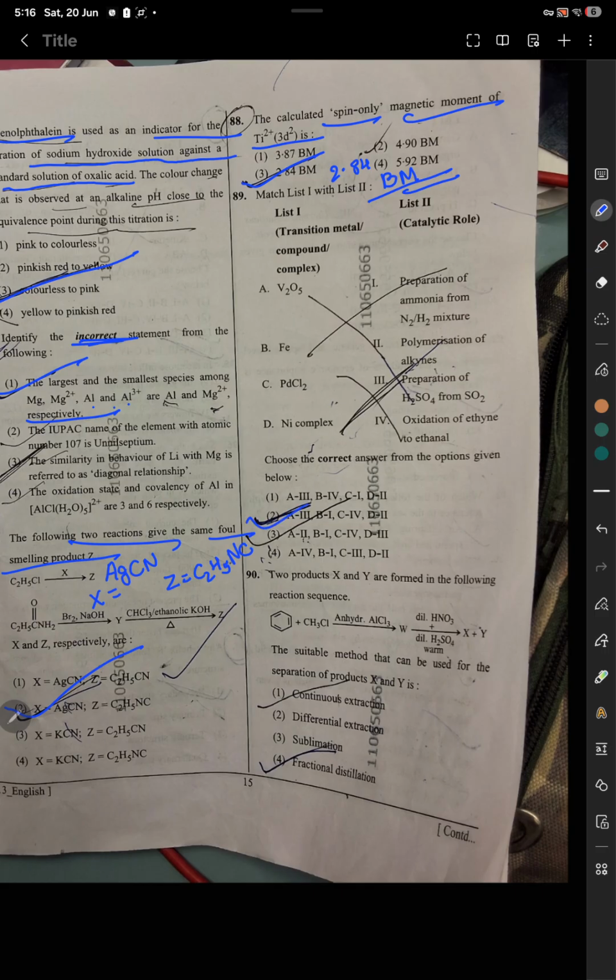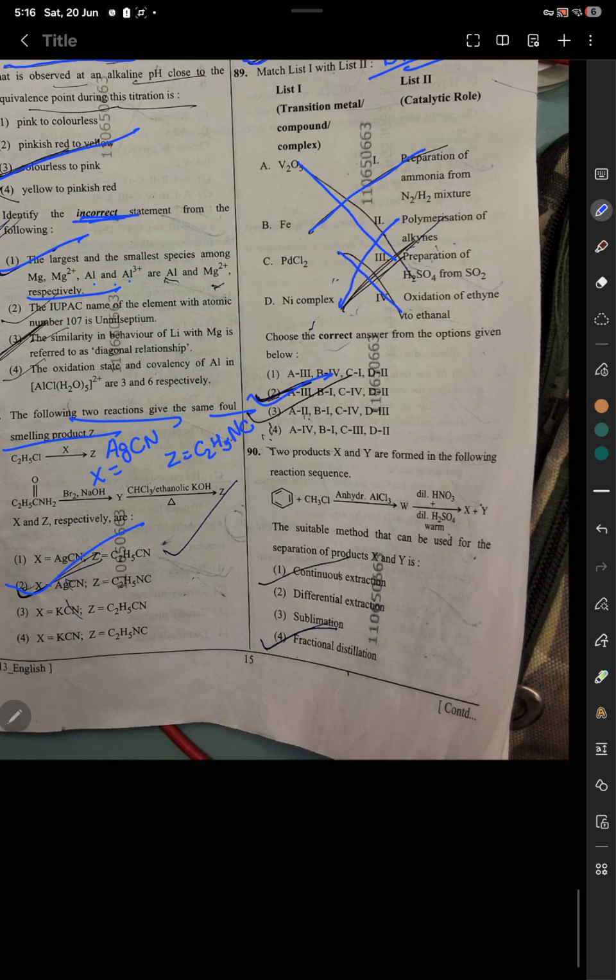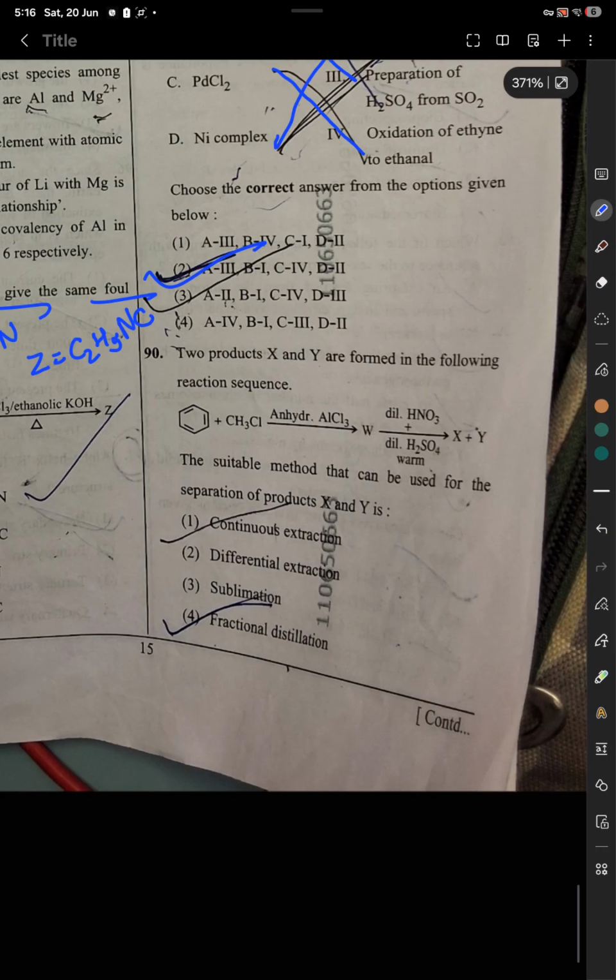So your option number 2 is correct, A is 3, B 1, C 4 and D 2. Now let's move to the next question, the last question. Question 90. The products X and Y are formed in the following reaction sequence. So option number 4 is correct, it's fractional distillation.